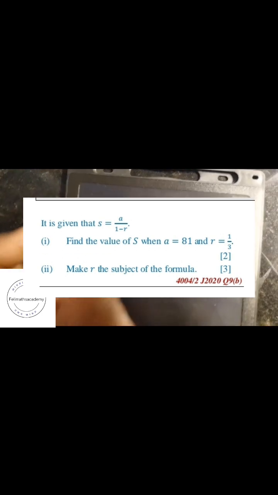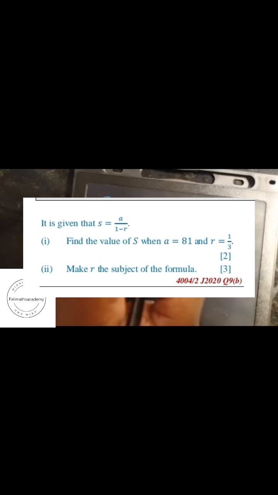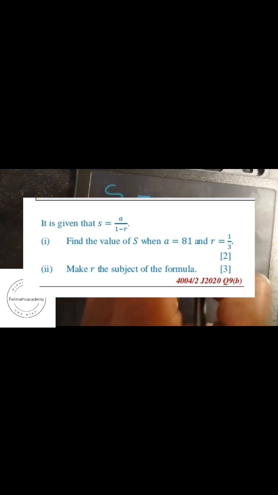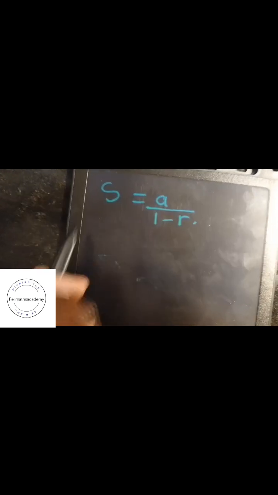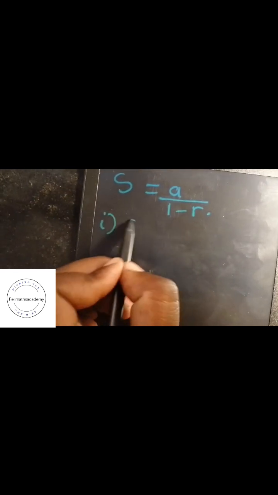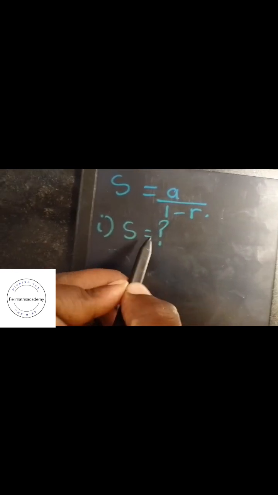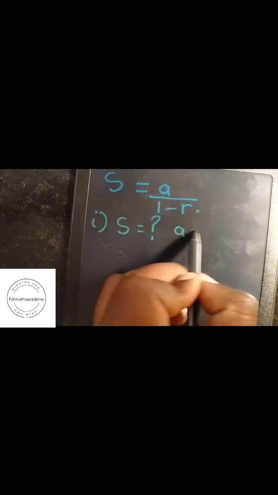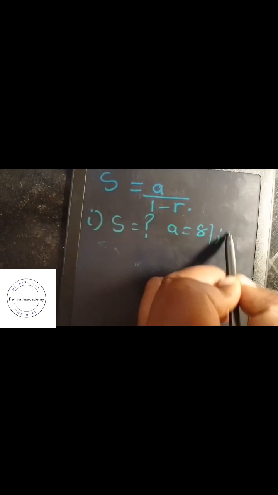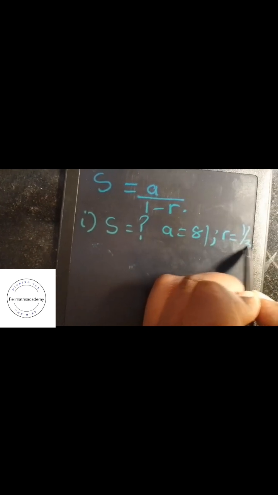It reads, it is given that S is equal to A over 1 minus R, and item 1 requires us to find the value of S when A is equal to 81 and R is equal to 1/3.